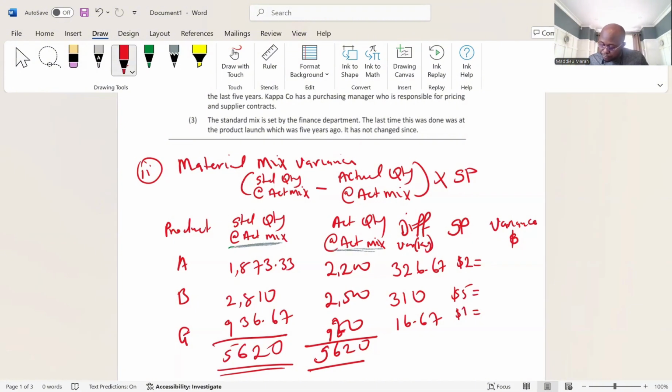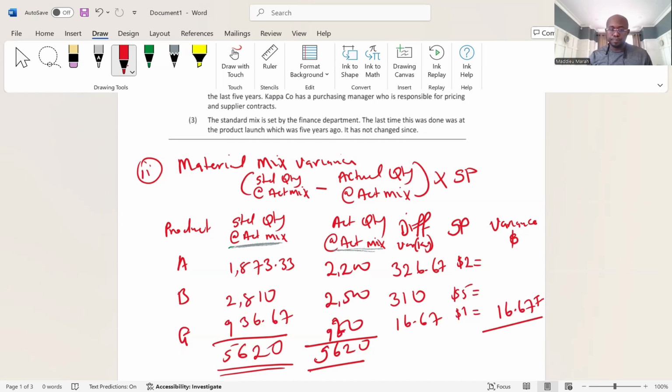So my variance for this one is 16.67, and this variance is going to be favorable, F. Because my standard quantity at actual mix is 936 and my actual figure is 920. So the difference between them is 16.67 at 1, which gives me 16.67 favorable.